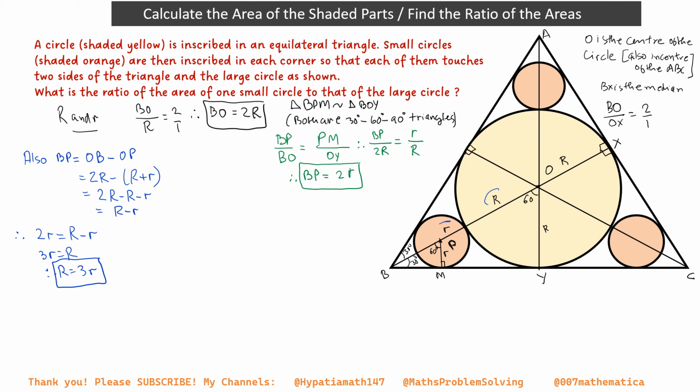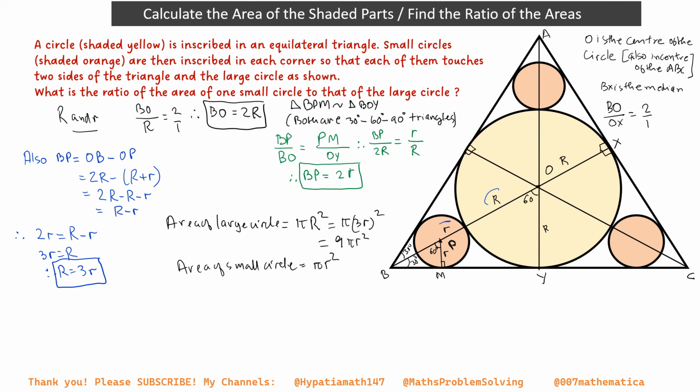So now, area of the large circle is equal to pi R squared, and that is pi times 3r squared, that is 9 pi r squared, and area of the small circle equals pi r squared.